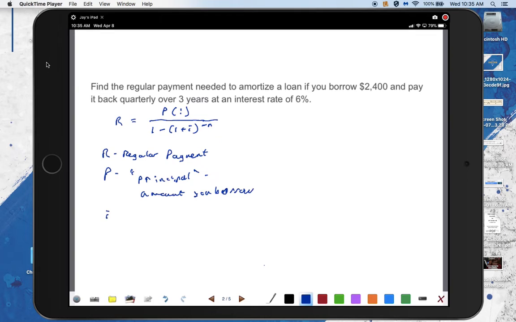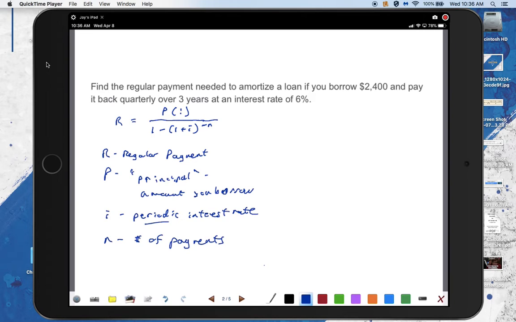Now, as for the I, this is what we call your periodic interest rate. Okay, so what does that periodic interest rate do for us? Well, that's your annual rate divided by the number of times that you compound per year. So much like the I in your compound interest formula, that is going to be calculated with some division. Okay, and lastly, we have this N, which is the number of payments.